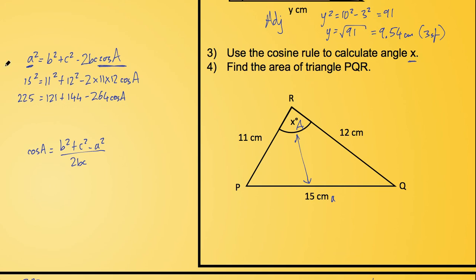So 225 minus 121 minus 144 gives me minus 40 equals minus 264 cos a. And therefore cos a equals minus 40 over minus 264. And a itself is cos to the minus 1 of that. I'm going to leave out the minus signs because minus 40 over minus 264 is the same as 40 over 264.